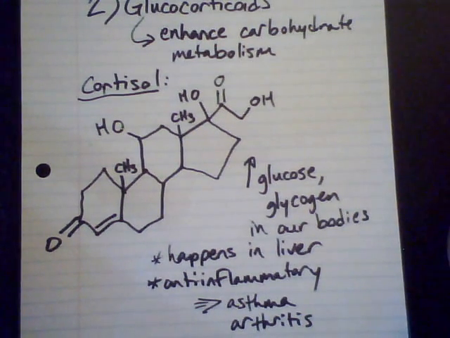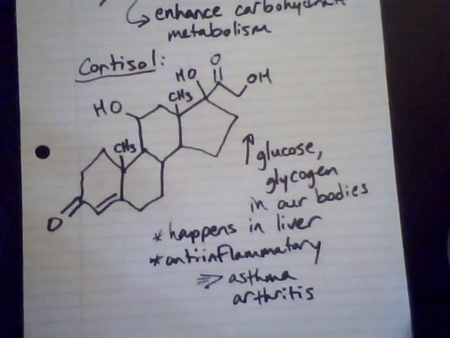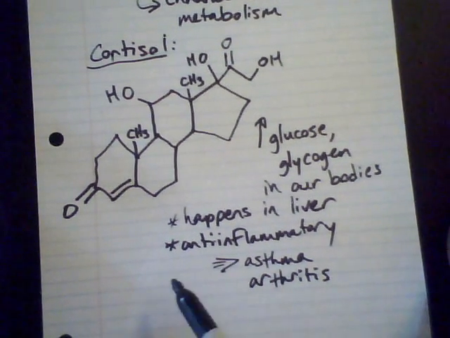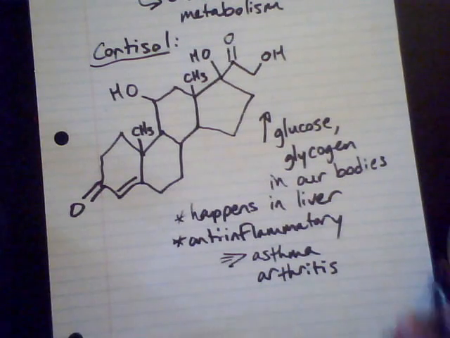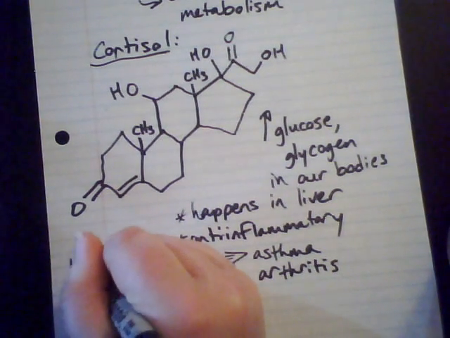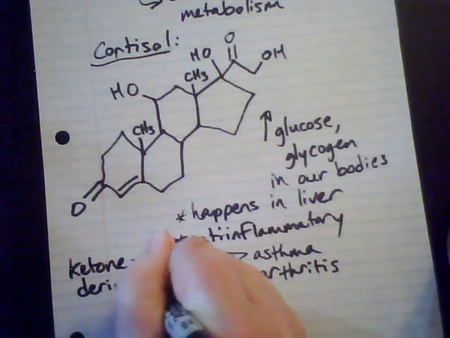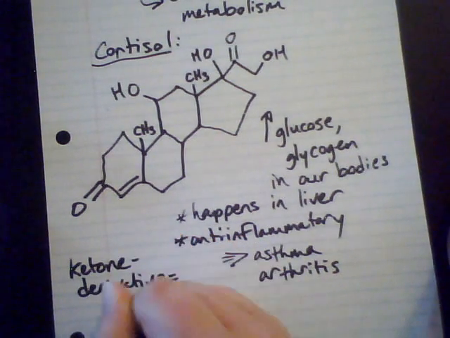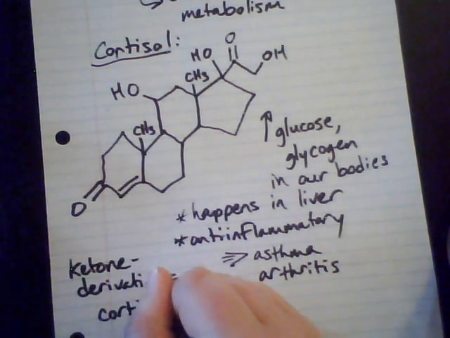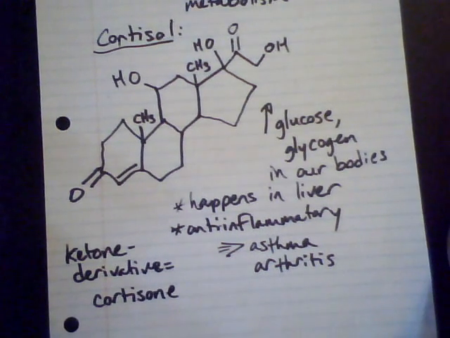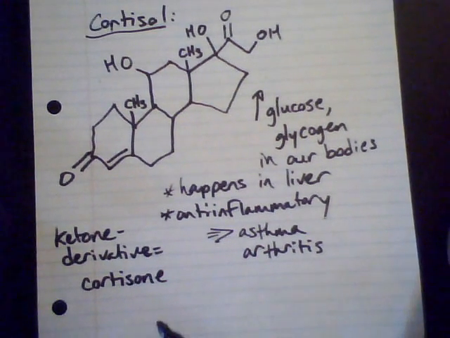And the reason for this is because there's a derivative of cortisol that's called cortisone, and you've probably heard of that too, and it's also got these anti-inflammatory properties. So you've probably seen the cortisone creams, right? Hydrocortisone, that's a cream that you can use on your joints. Cortisone shots are also a thing.